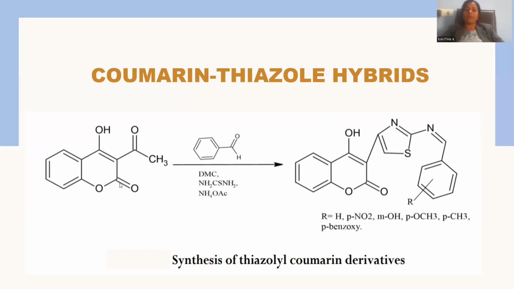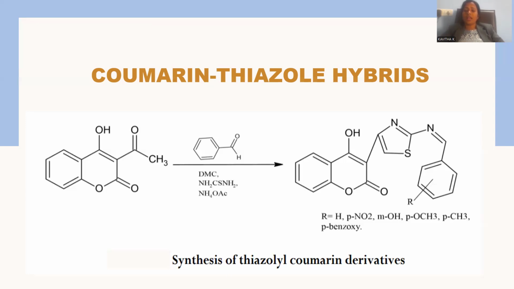This is the reason why 3-acetyl coumarin is to be reacted with the benzaldehyde in the presence of water, thiourea. Thiourea is another reagent to be added, and ammonium acetate is another material to be added, giving rise to coumarin which is connected with this thiazole molecule, and here a kind of imine linkage with another benzene is also present.